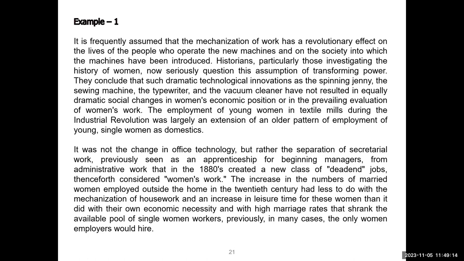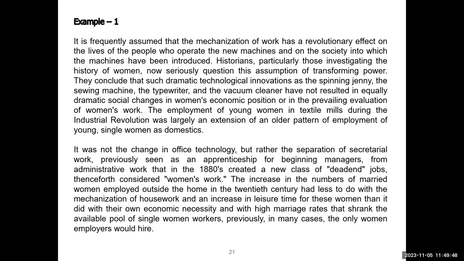The employment of young women in textile mills during the Industrial Revolution was largely an extension of an older pattern of employment of young single women as domestics. It was not the change in office technology, but rather the separation of secretarial work, previously seen as an apprenticeship for beginning managers, from administrative work, that in the 1880s created a new class of dead-end jobs, thenceforth considered women's work.